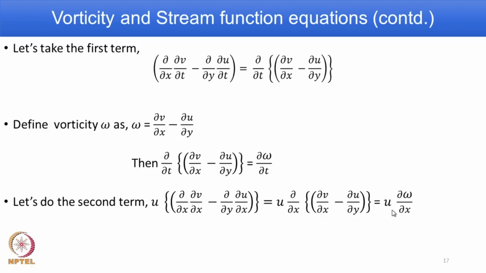So, you get u into dou omega by dou x. So, as you can see here, this is a second term in the vorticity transport equation. We are going to repeat this procedure term by term to get a complete vorticity transport equation.